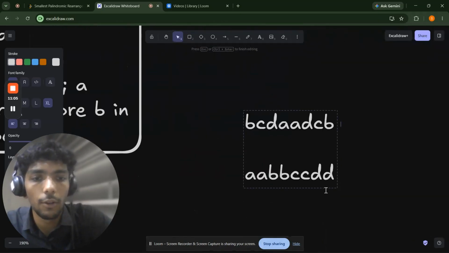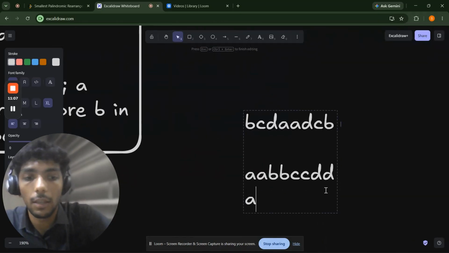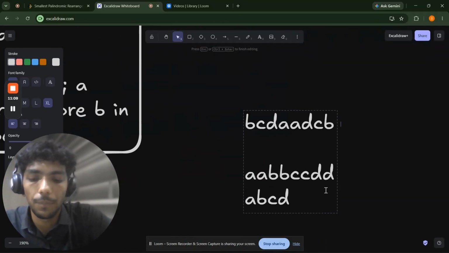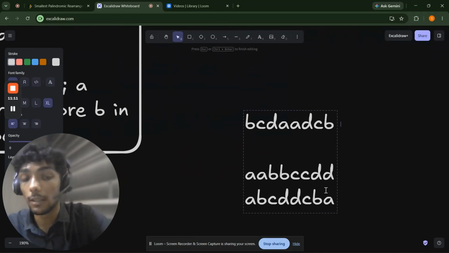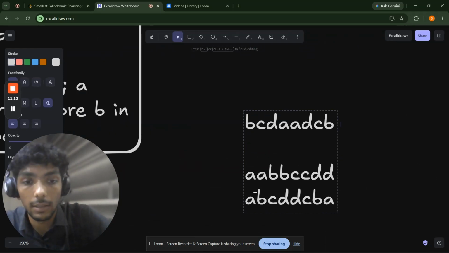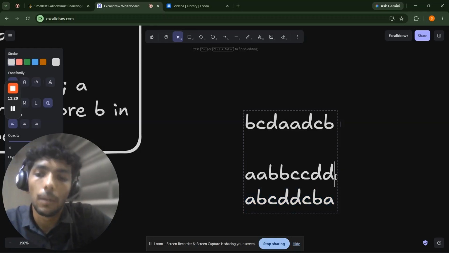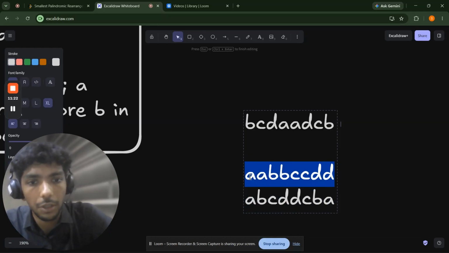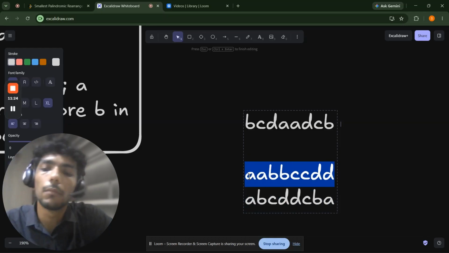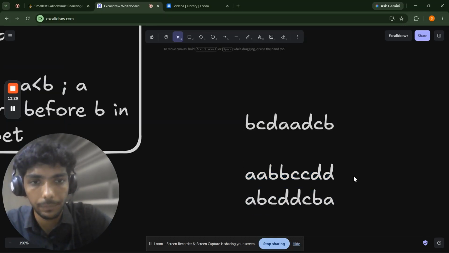So is this a palindrome? No. A, B, C, D, D, C, B, A. Is this a palindrome? Yes, this is a palindrome. So this can be considered as a palindromic permutation. This is a permutation, but this is not a palindromic permutation.